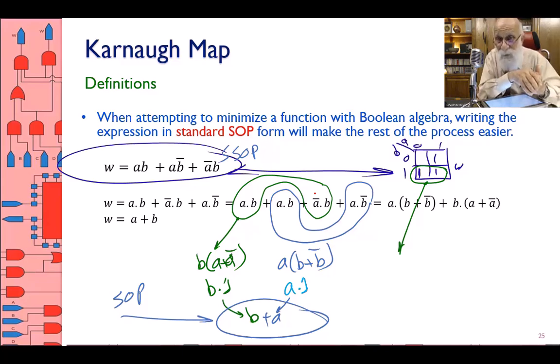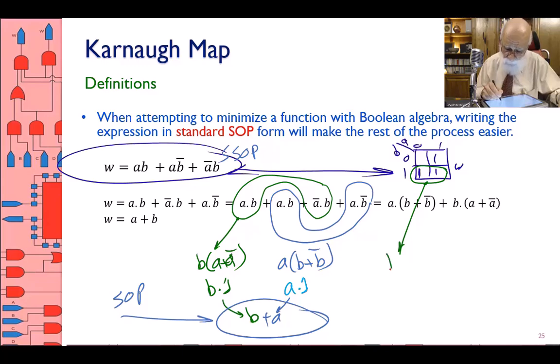So what I say is, why bother writing individual A bar B, AB, and then applying Boolean algebra on it? Why not map these two ones that are on the same row, meaning they have a variable B in common and A is different, and then write all variables that are in common in these two minterms that I'm mapping. What are the variables that are the same in all the minterms that I'm mapping together?